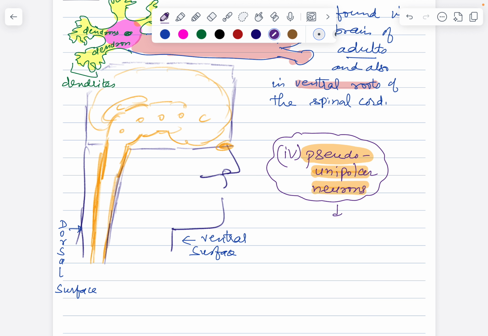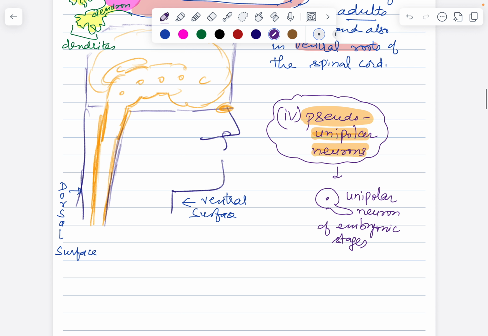Let's say there is a neuron in the embryonic stages. What is it supposed to be? We've just mentioned above, unipolar. Unipolar neuron of the embryonic stages.